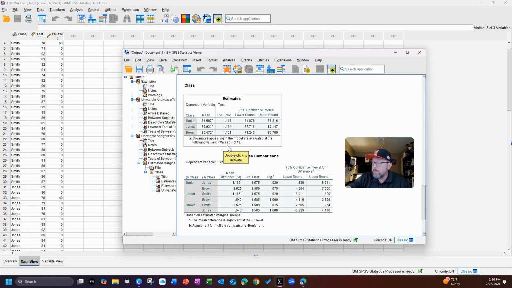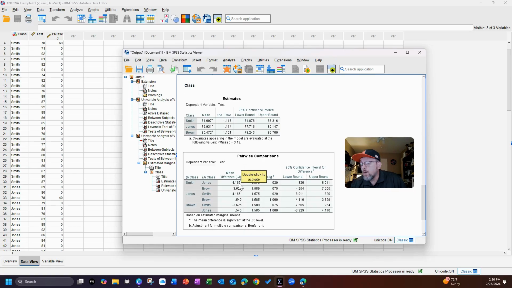After controlling for periods missed, Smith's class has the highest adjusted mean at 84.10. That's followed by Brown's class at 80.47 and Jones's class at 79.93.